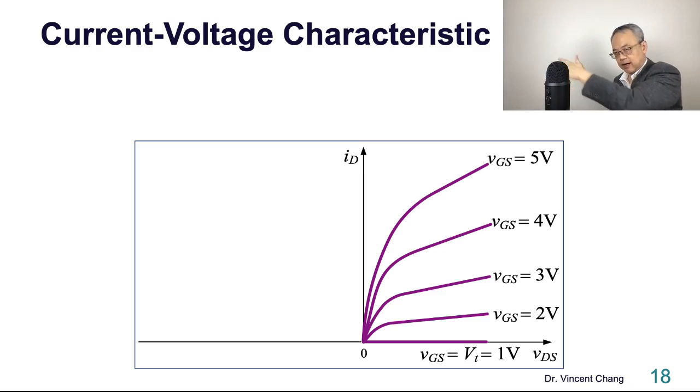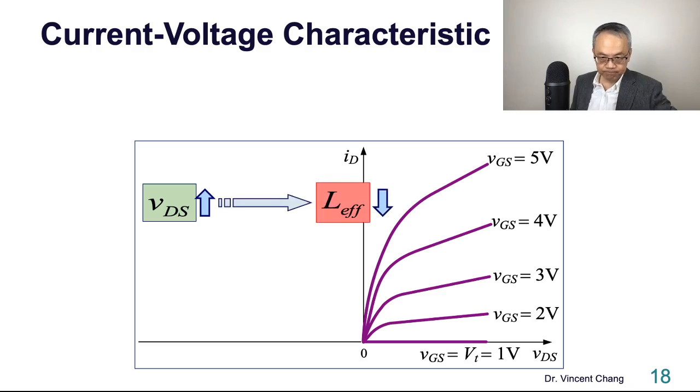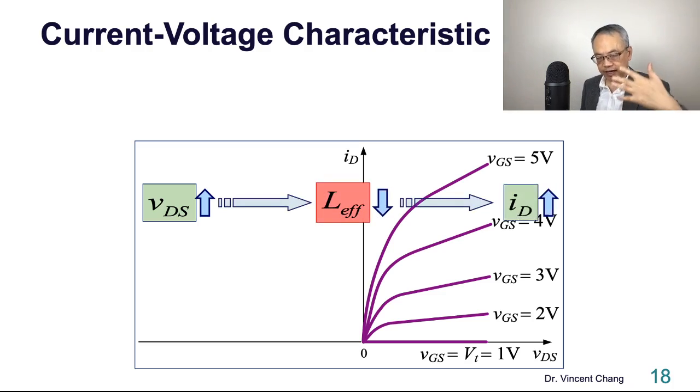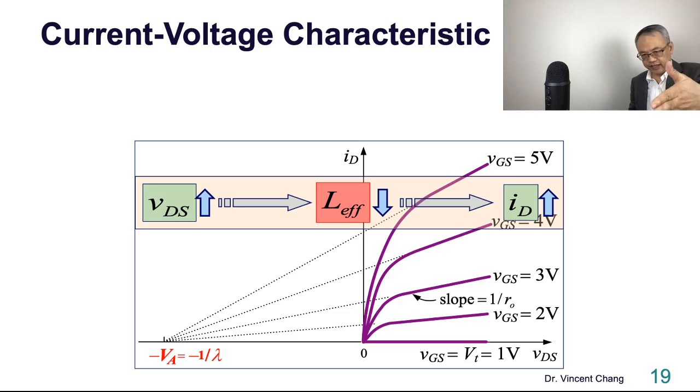Then we extrapolate back to the negative axis. When VDS goes up, L effective goes down and ID goes up. I have done this, you know this. And then, here it is.